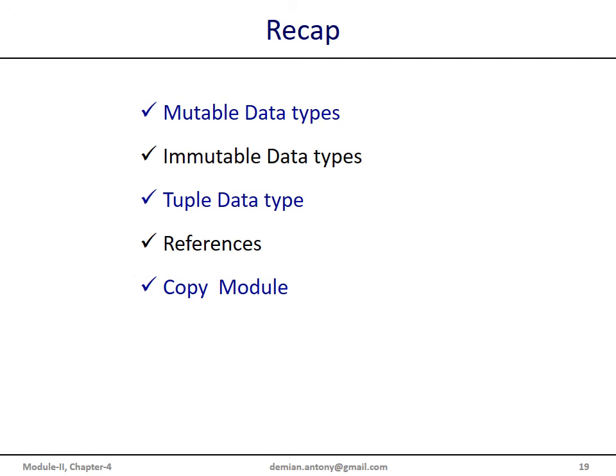We can use the copy function of the copy module, which creates an independent copy of a given list or dictionary so as to protect the list data or dictionary data from being modified at the rest of the program, or even at the function level or at the module level.